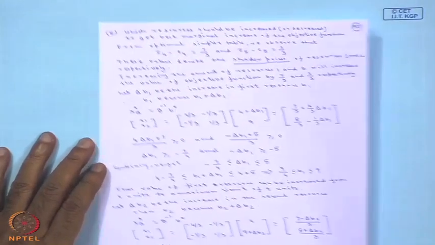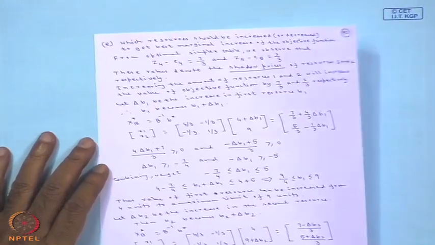Now, just one more thing I am doing directly: your B value, whenever there is a change. Suppose there is a problem where you must decide which resource should be increased or decreased to get the best marginal increase of the objective function.